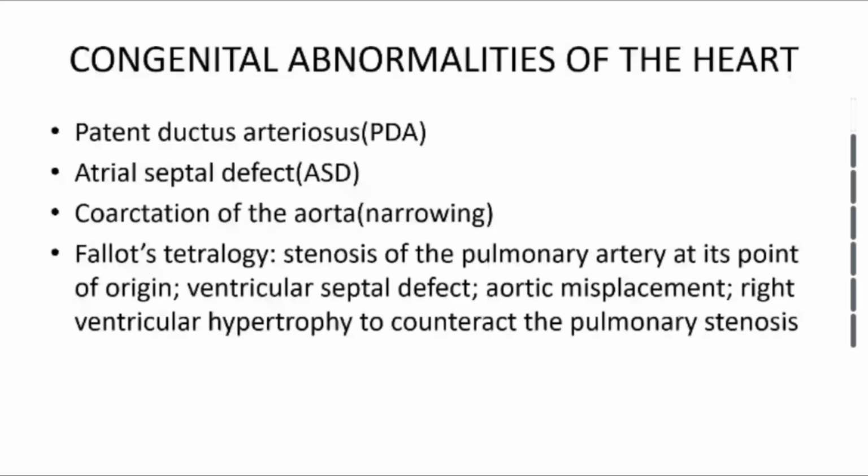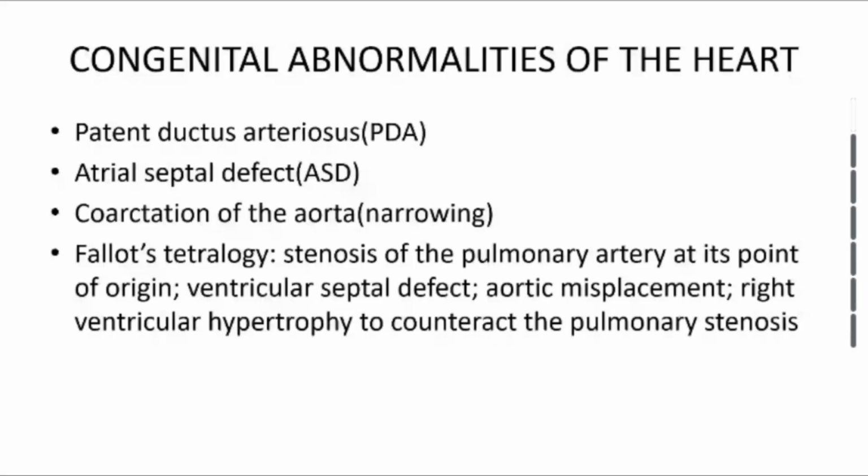Then the second one would be ventricular septal defect. So there's a defect between the left ventricle and the right ventricle. Remember the septum that is separating the two sides of the heart. If there is a defect there in the ventricle, we call it ventricular septal defect.